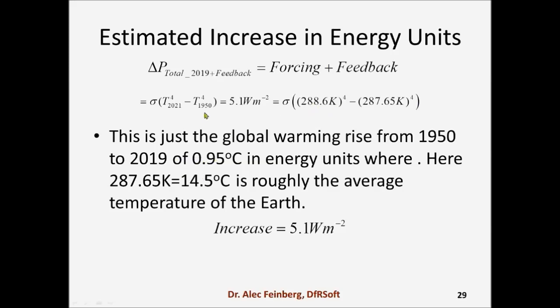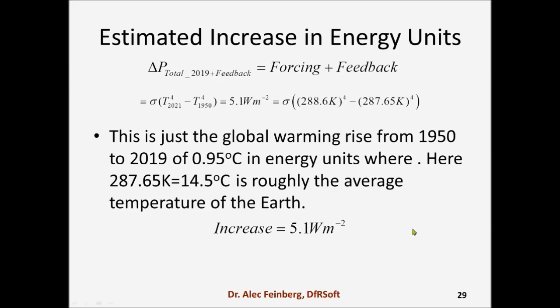If we put 1 degree into the Stefan-Boltzmann relations from 2019, we take the temperature of the Earth, which is the average in degrees Kelvin, add a degree to that, and solve, we get 5.1 watts per meter squared. So that's the increase that we get. It's a pretty straightforward calculation.